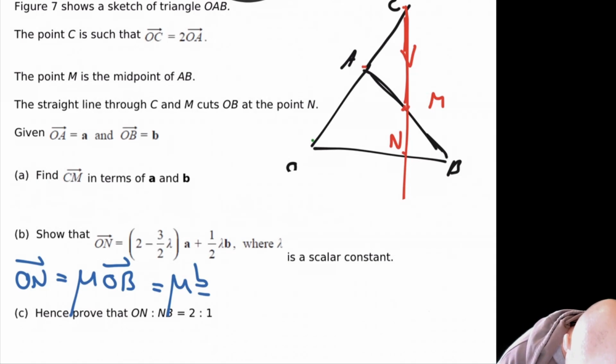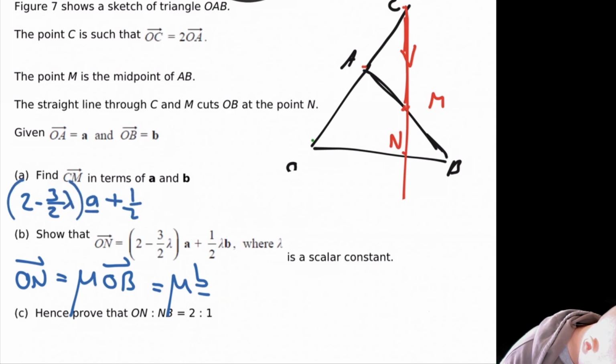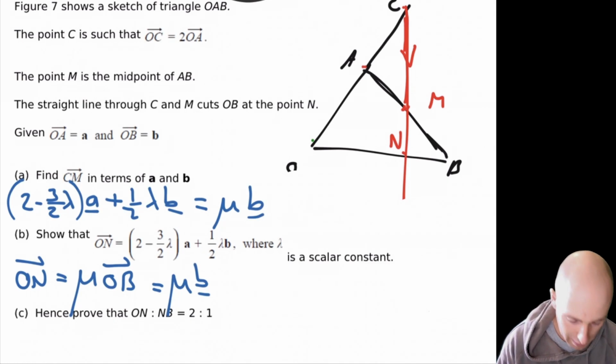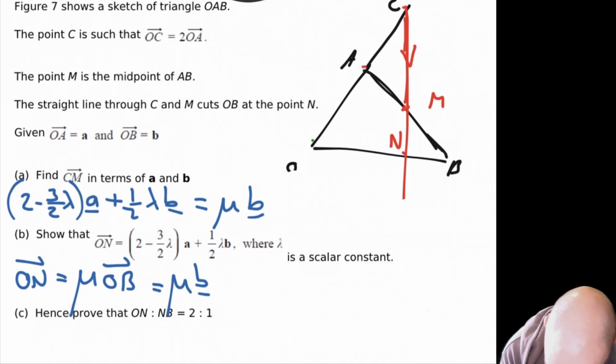Right, so we're going to say 2 minus 3 over 2 lambda A plus half lambda B equals mu B. So we can ignore all of the A bits completely because there's no A terms. Actually, that might be an easy way. There's two ways you could do both and check.